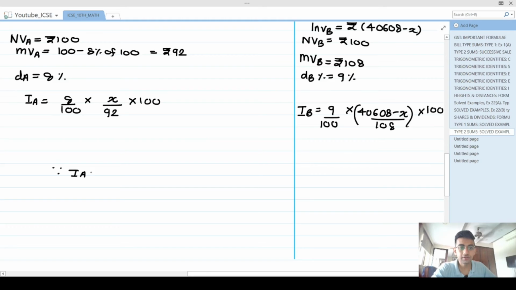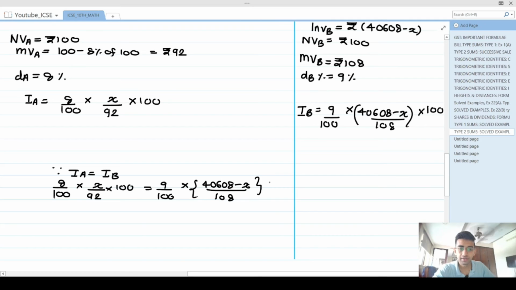Since IA is equal to IB, all you have to do is equate the two equations that we have got. 8x upon 92 is equal to 9 upon 100 into 40608 minus x upon 108 into 100. This gives us 8x upon 92 is equal to 9 into 40608 minus x upon 108.